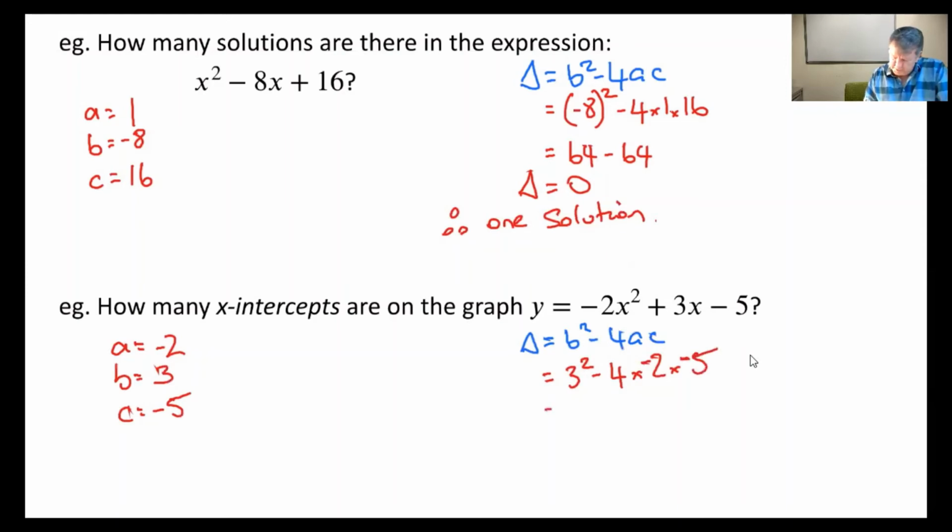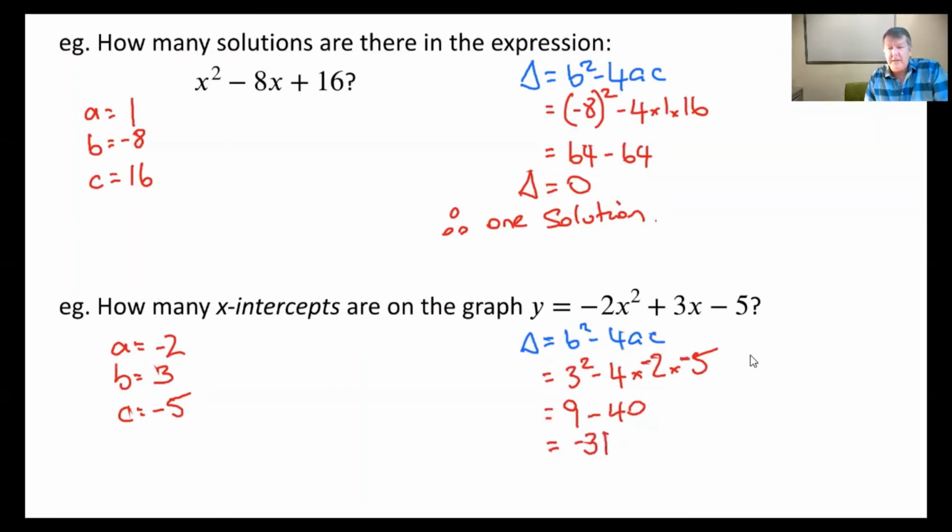All right, let's work this out. 3 squared is 9. So we've got a negative here. So we'll write negative there for now. And we've got 4 times -2 is -8. Times -5, -8 times -5 is +40, so it's just 40. Equals 9 minus 40 is -31.